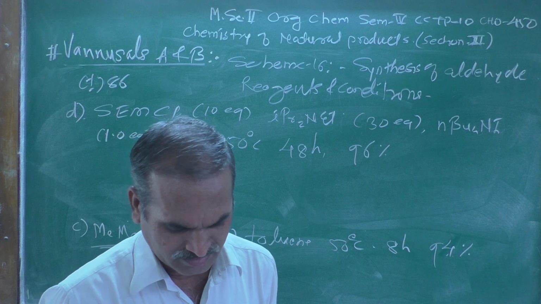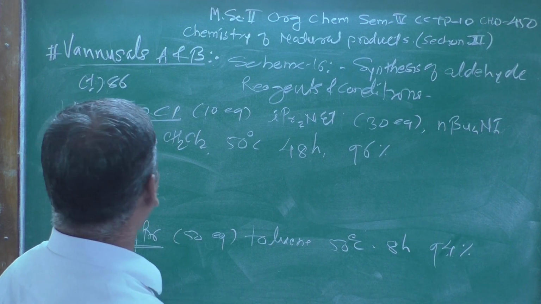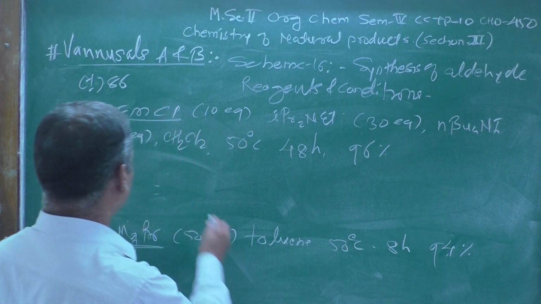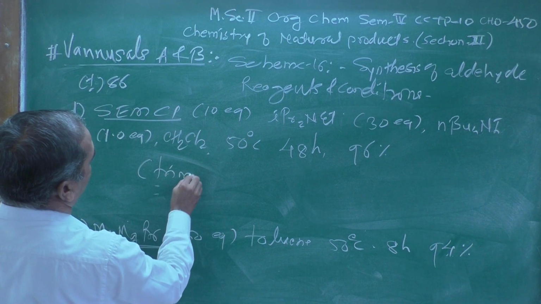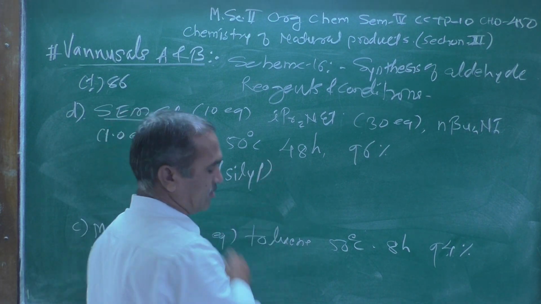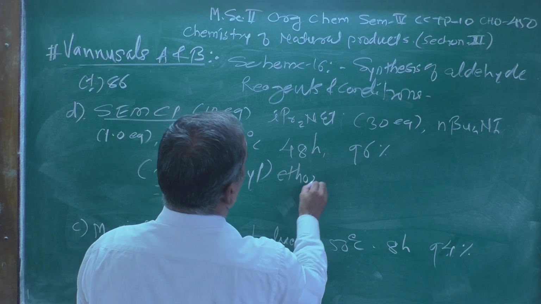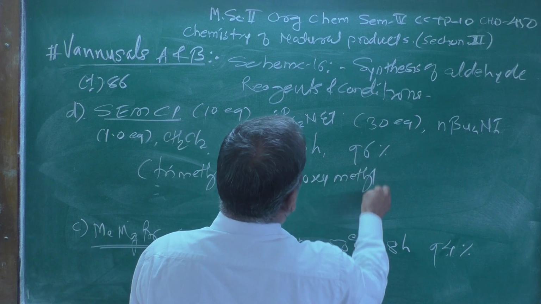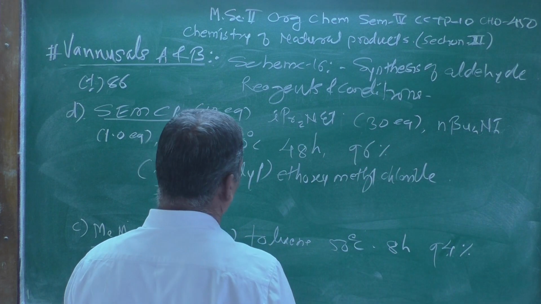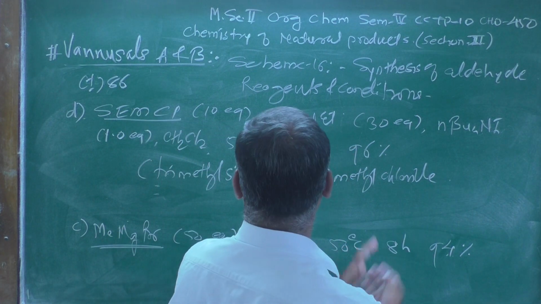As we know, the full form of SEM chloride is trimethylsilylethoxymethyl chloride, which was used for protection of secondary alcohol selectively.